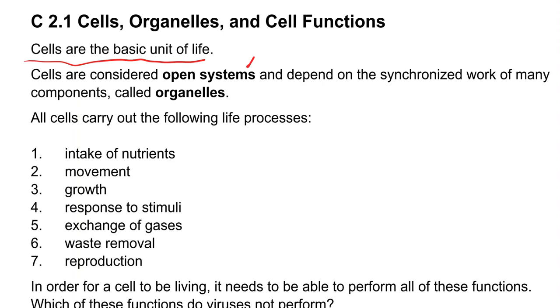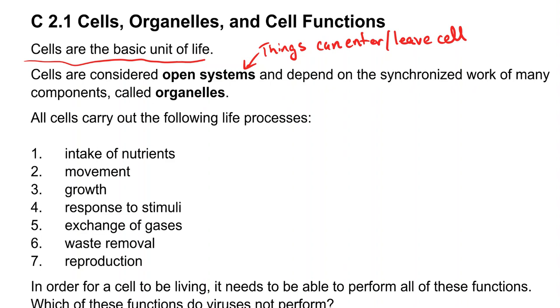What that means is that things such as nutrients and waste, other matter and energy can enter or leave the cell. It's an open system. Not everything can enter or exit, but certain things can. So they are open systems, and they depend on the synchronized work of many components called organelles.